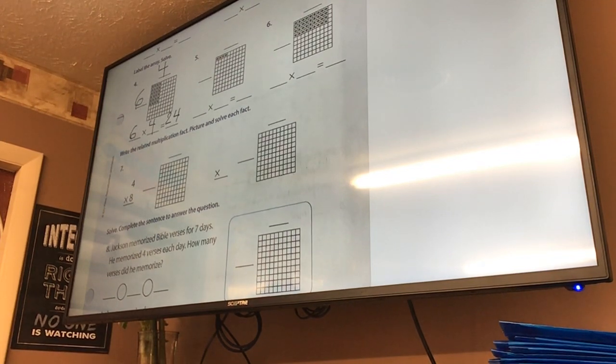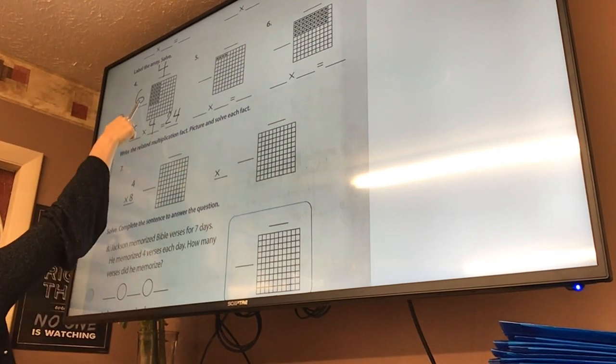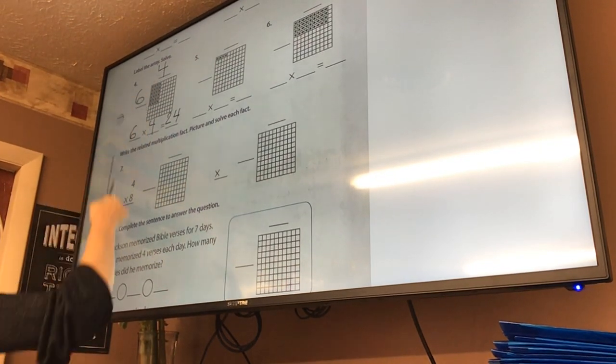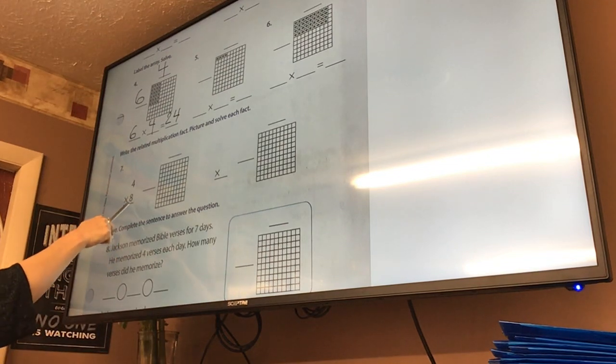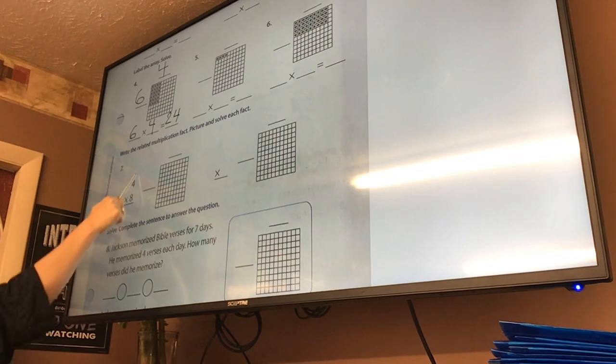Alright, I went ahead and wrote that one in because I want to show you the difference. When you were going across 6 times 4, 6 was the first number, 4 was the number on top. How did I tell you this one is red? 8 times 4. Yes, it's red going up like this.